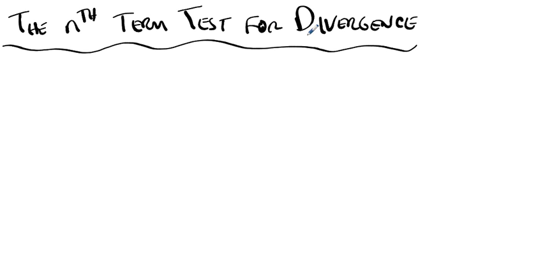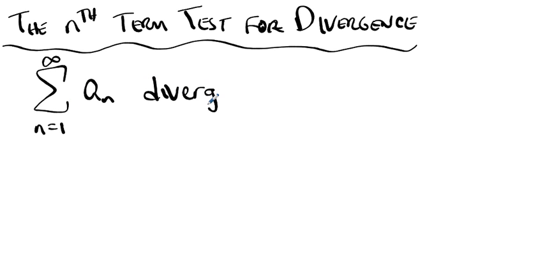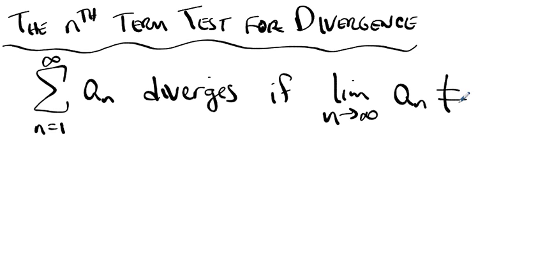Let's talk about the nth term test for divergence. The nth term test for divergence says that the series sum of the a sub n's will diverge if the limit of the terms themselves is anything other than 0.